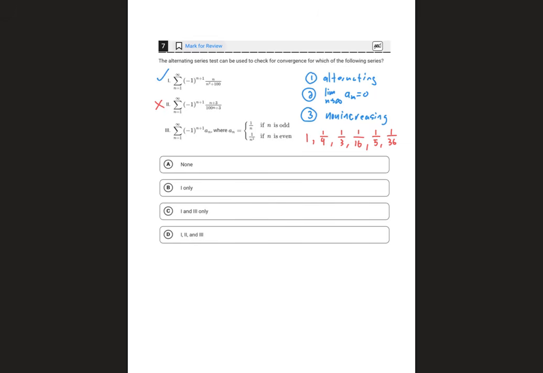Definitely it decreases from 1 to 1/4, but 1/3 is bigger than 1/4, so this increases from one term to the next, and then this decreases. Really just use the idea that if the numerators are the same, a bigger denominator means a smaller number. That's smaller, that's bigger, that's smaller, that's bigger, that's smaller. So this is not non-increasing, so it doesn't pass. So really just the first one.